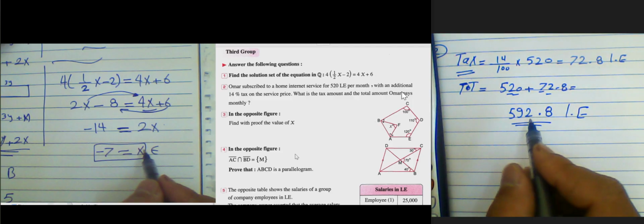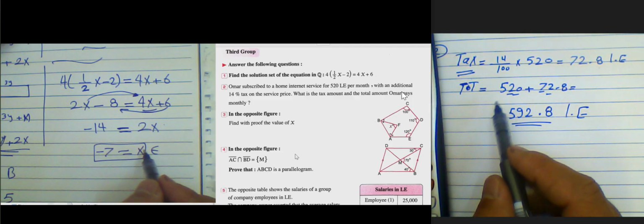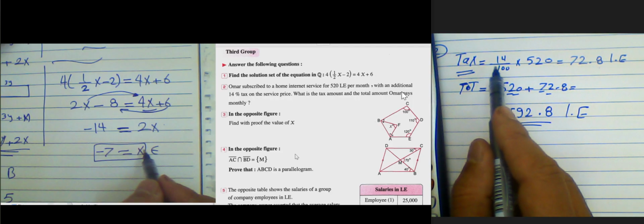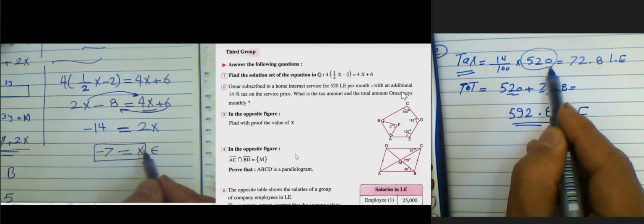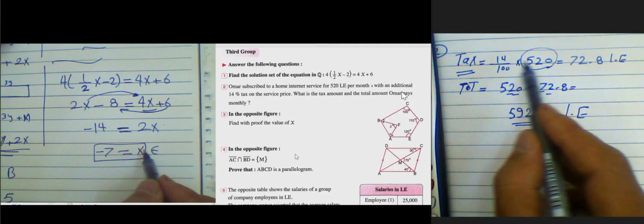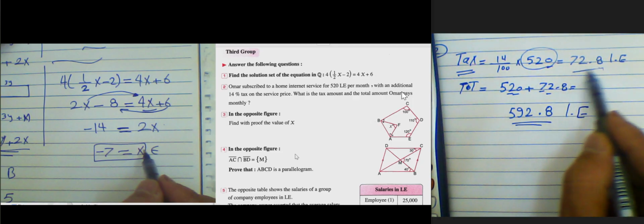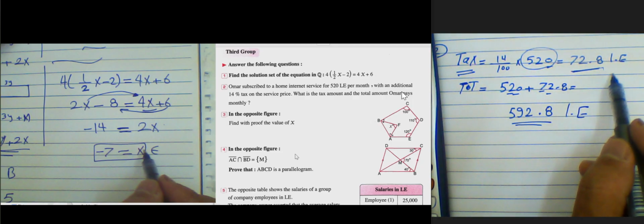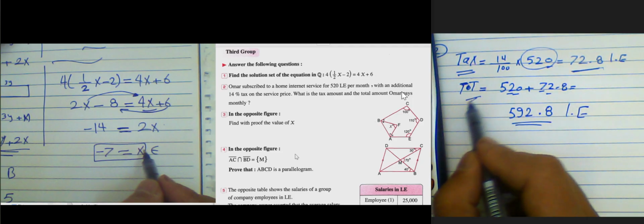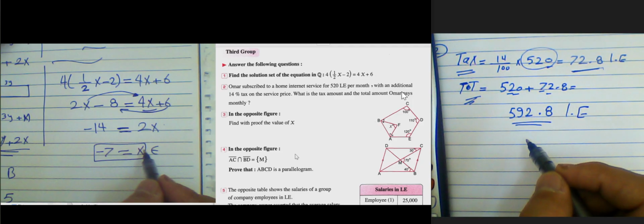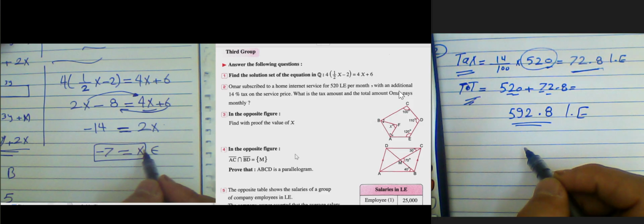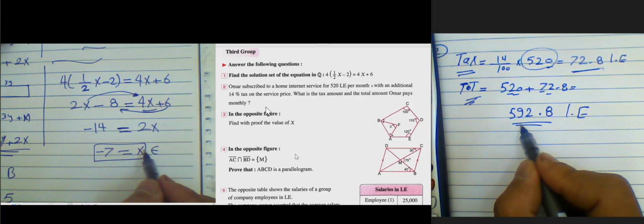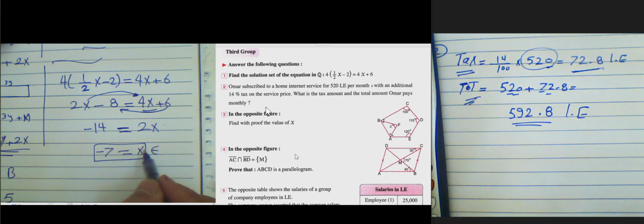So in this example, first step, we must find the tax. The tax here is 14% of the money, meaning 14 over 100 times 520, then the tax will be 72 and 8 tenths Egyptian lira. Then the total money he will pay. The question asks about the total money Omar pays monthly. It will be 592 and 8 tenths Egyptian lira.